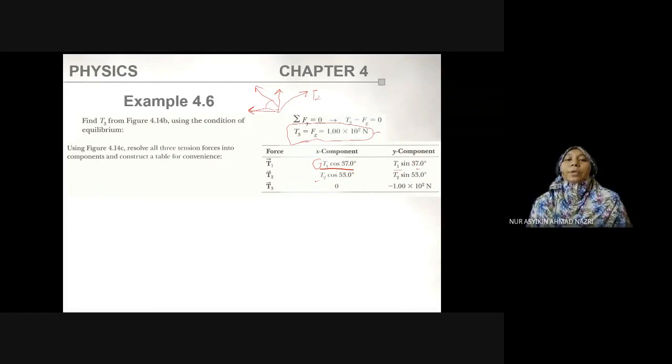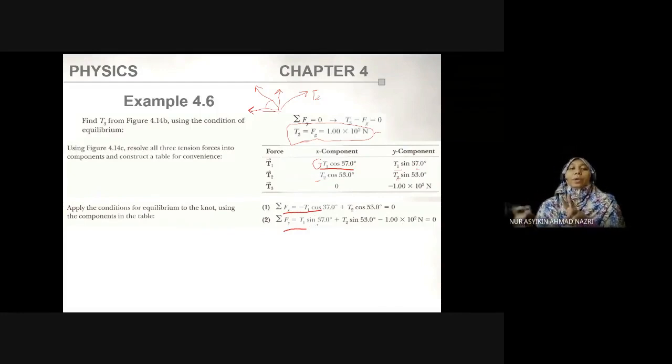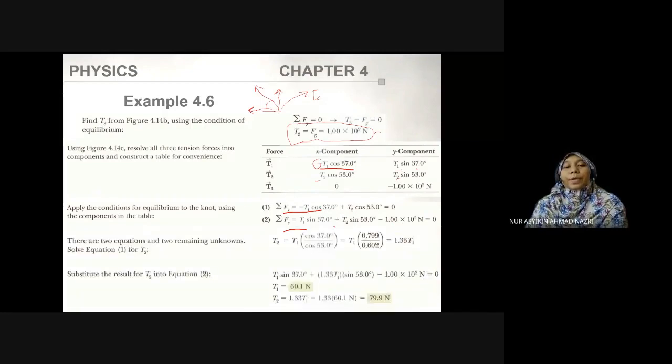Both will have positive, then just list down here and let's put it in equation. So when we write it in equation, we get this equation fx, fy. So dah ada dua equation where we can solve the other two unknown, T1 and T2. From here, you can simply use your algebraic method. So solve this and you may get your T1, your T2 and your T3.